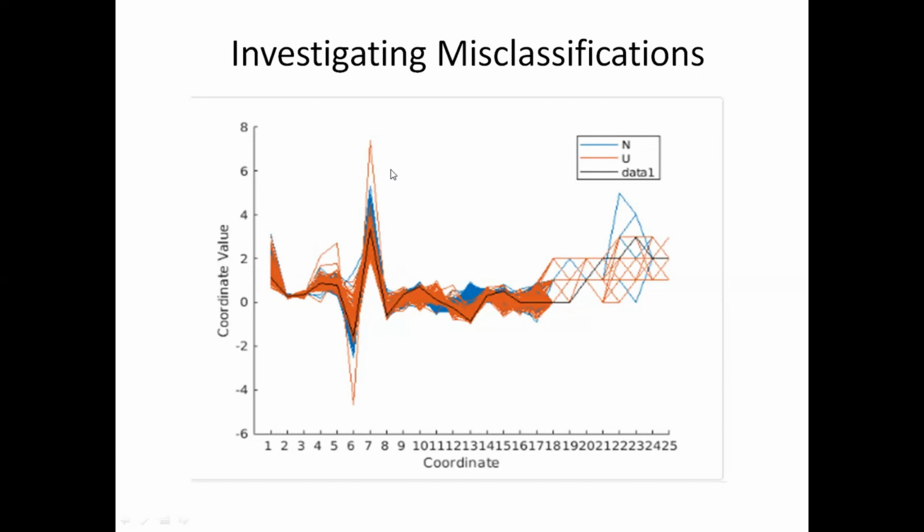Here the brown lines represent the coordinate values for the data U. The blue lines represent the coordinate values for the data N, and this black line that you see is the fourth file data which was misclassified as N. It was supposed to be a U but it was misclassified as N. Now if we look at this plot, what we understand is the features that we have extracted for U and the features that we have extracted for N are almost identical.